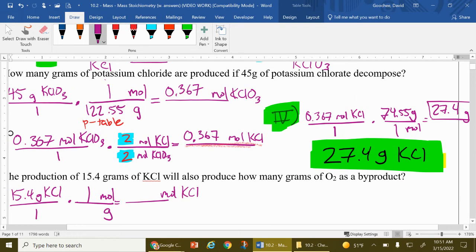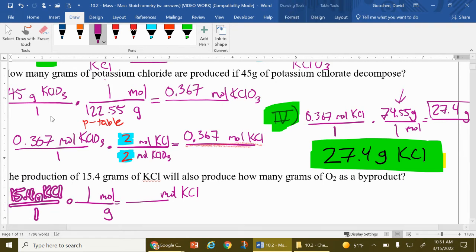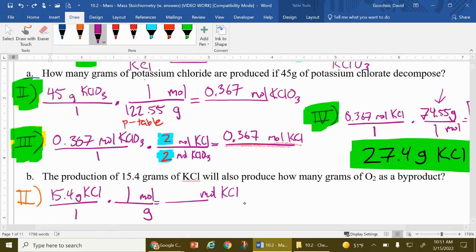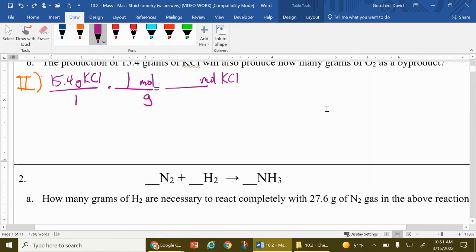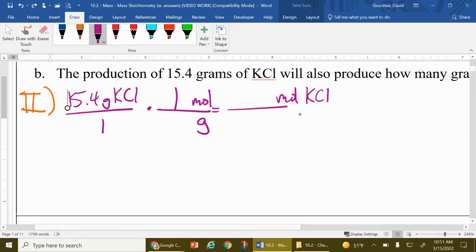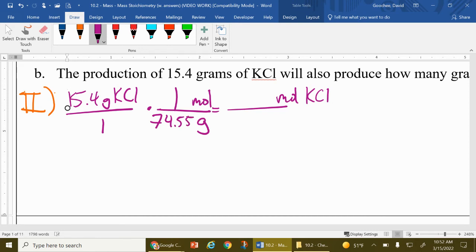Molar mass of KCl was 74.55 grams per mole. So it's 15.4 divided by 74.55, and that gets us 0.207 moles of KCl. Okay, very good.